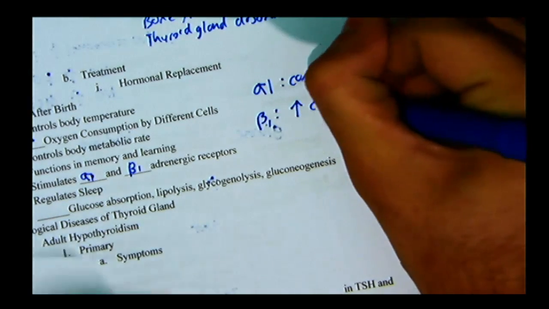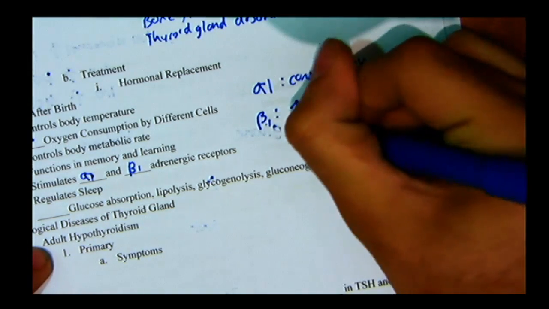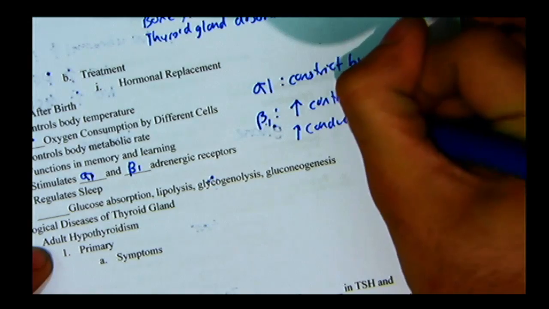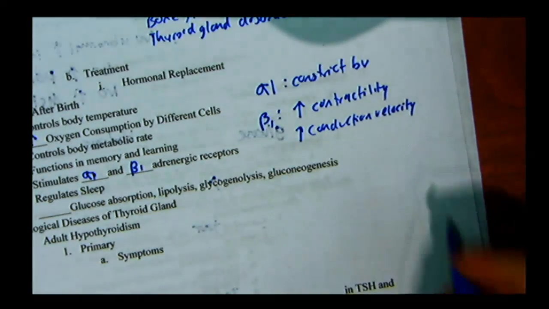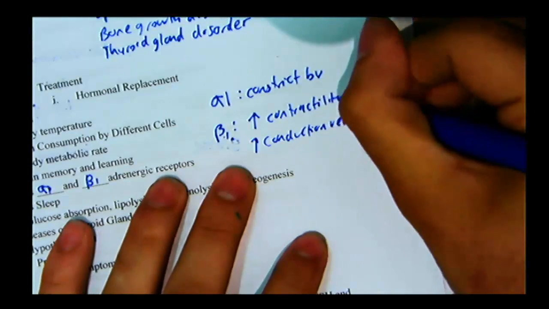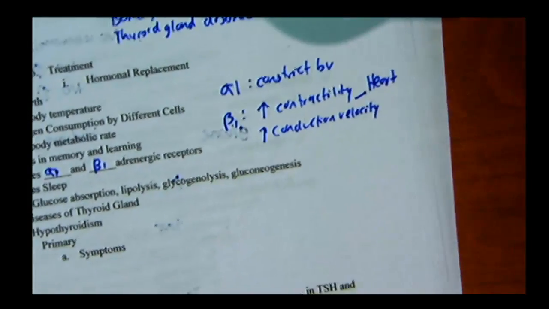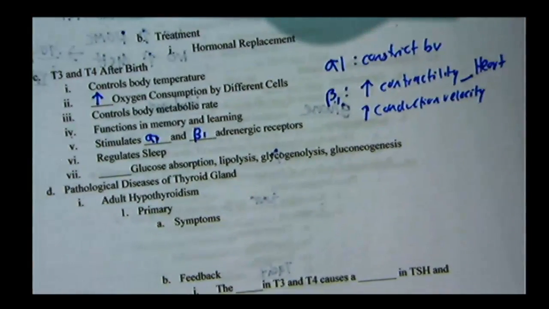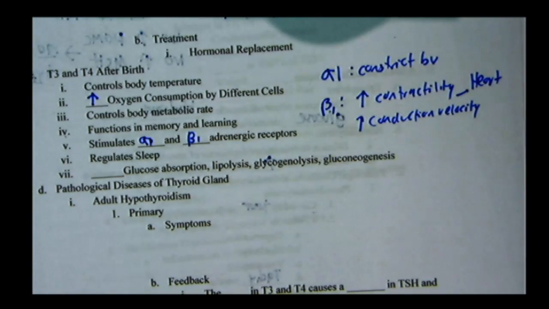It regulates sleep, and what does it do with glucose absorption, lipolysis, glycogenolysis, gluconeogenesis? Increase or decrease? Increases. So yeah, these are the main things that T3 and T4 do.